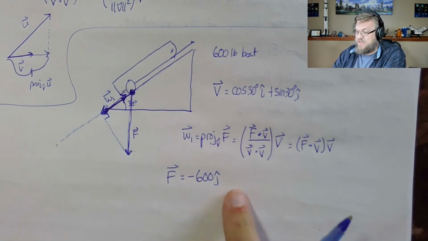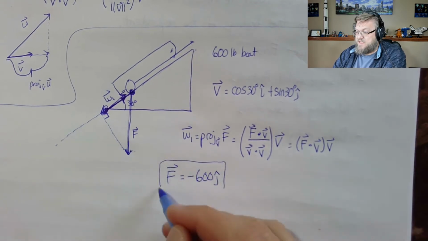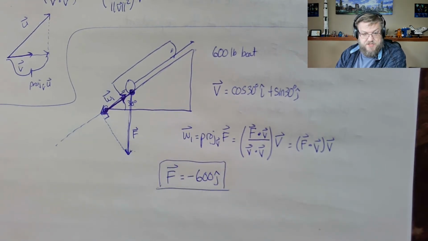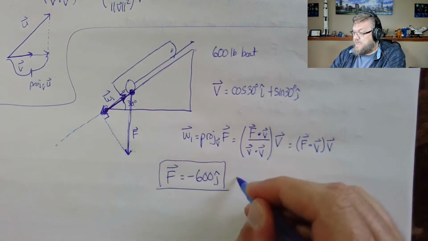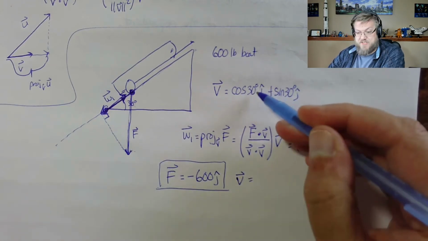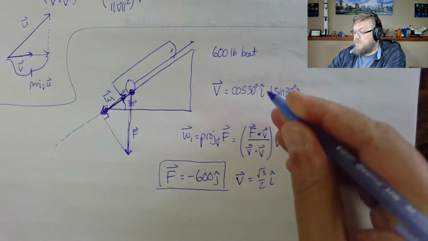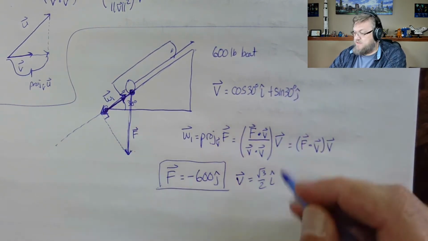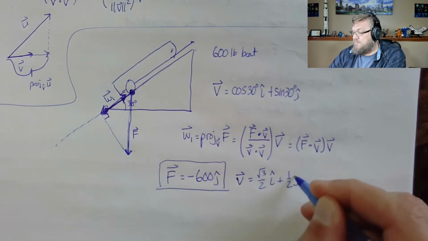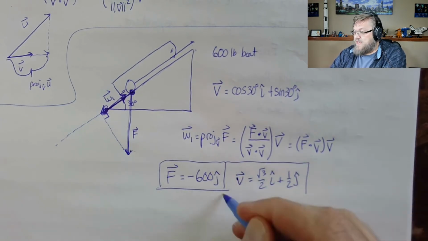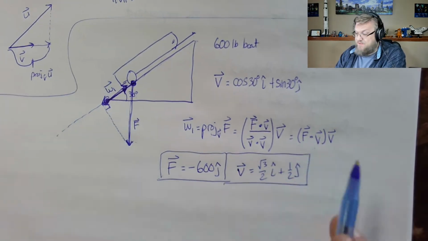So F I can think of is negative 600j, acting in the down direction like that. And v I can think of as cosine of 30 degrees, which is root 3 over 2, i, plus the sine of 30 degrees, sine of 30 is 1/2. And so there's v. Now all I have to do is dot those together.